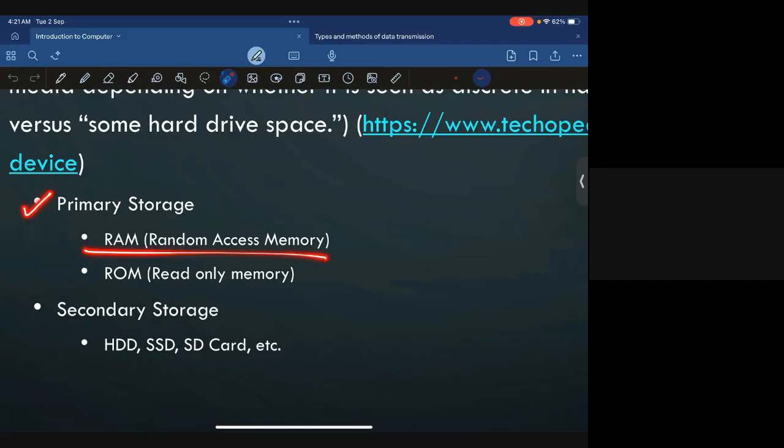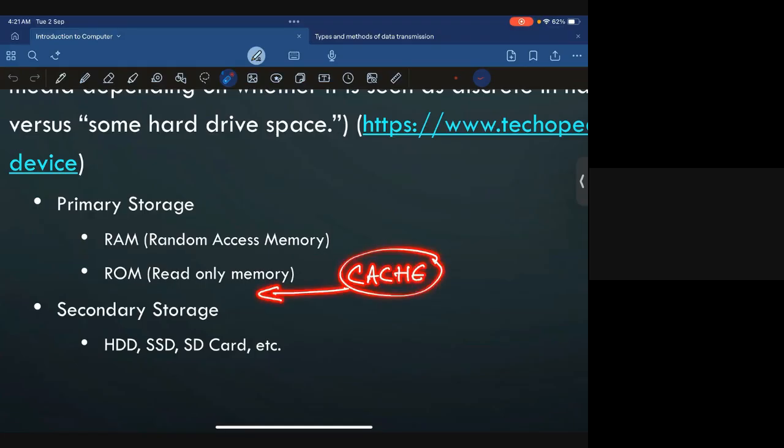These are normally known as RAM and ROM. We'll get to that in a minute. Normally, we have a third memory known as cache. This is also in some cases considered a primary storage, and in some cases it's not. Why, what, and how is something that we'll discuss in detail in chapter 3. But for now, we'll stay with the introduction.